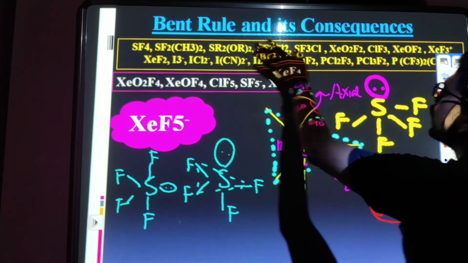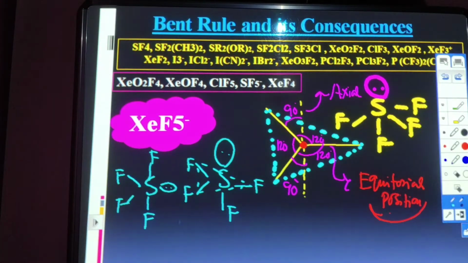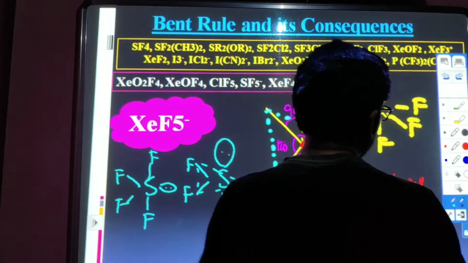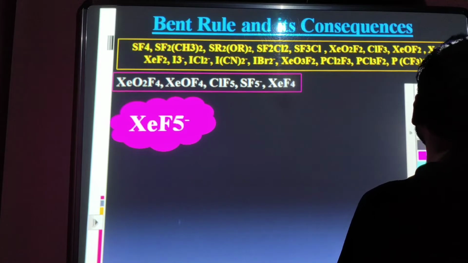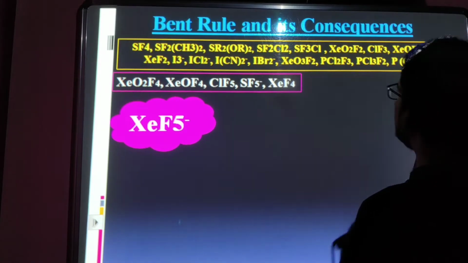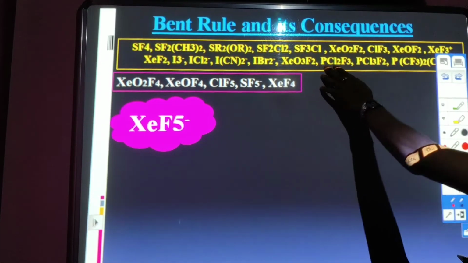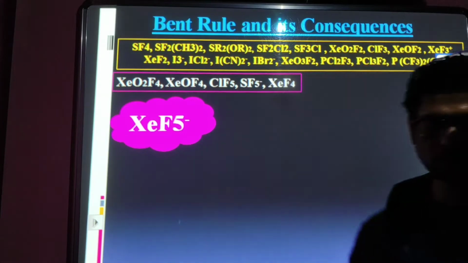Here I have shown lots of structures. After SF4, let me take another example, ClF3.